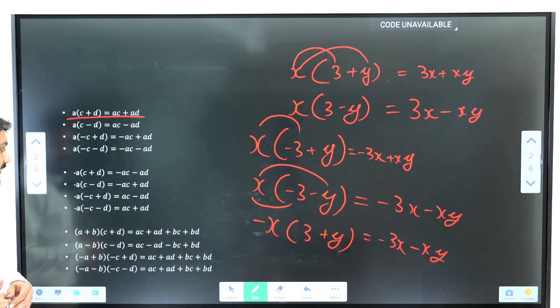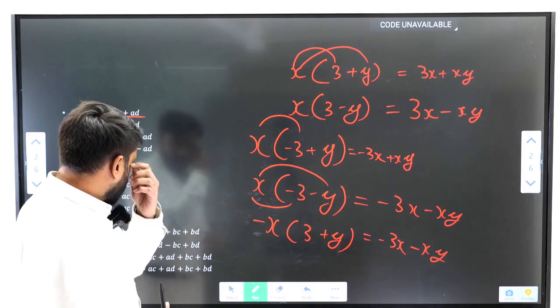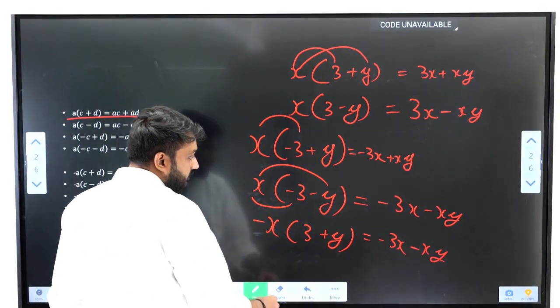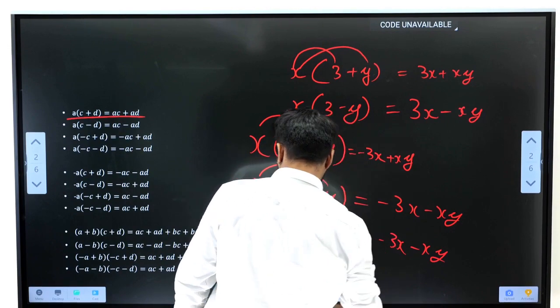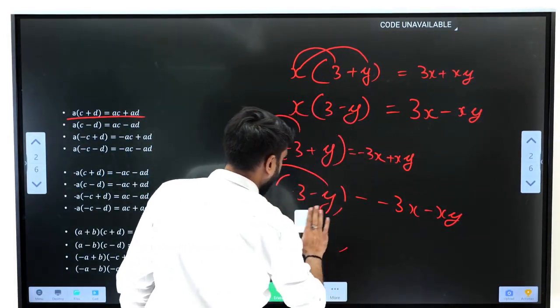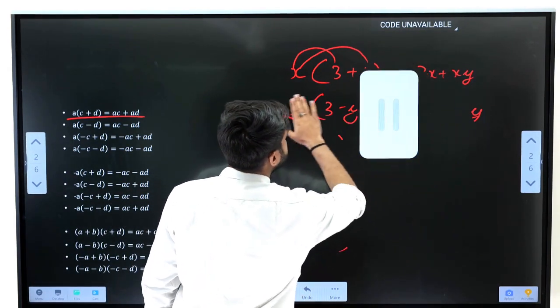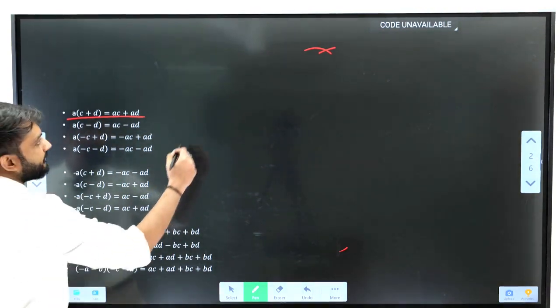And henceforth you can see that with negative x we are going to take all the numbers. Once c is positive and d is negative, the next time c is negative but d is positive, and next time along with a, c and d, all numbers turn negative. So let's try to look into that also. We'll now continue from this one.